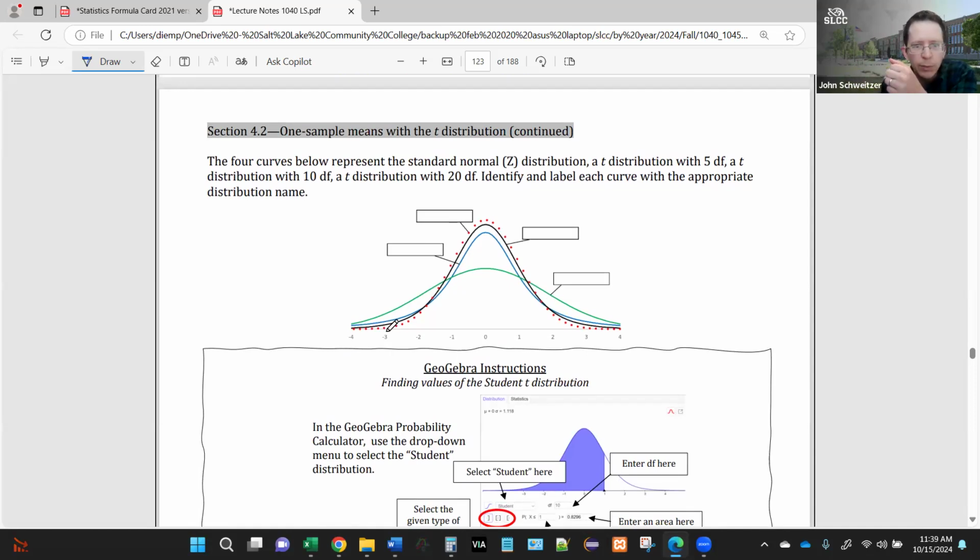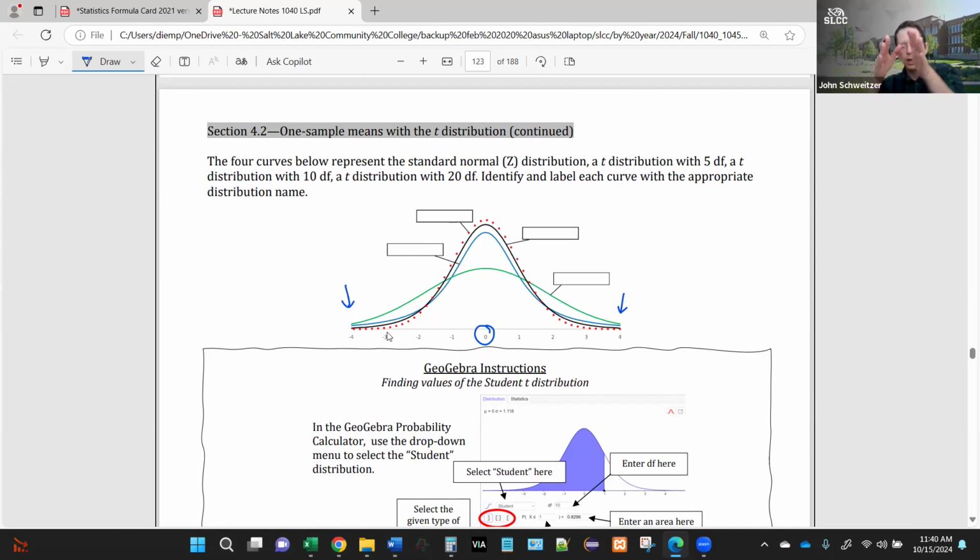Let me try to help you think about that. The t distribution, much like the standard normal, is centered at 0 and bell-shaped, but it tends to be thicker in the tails.